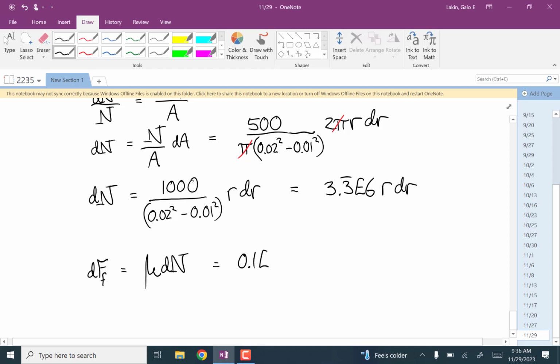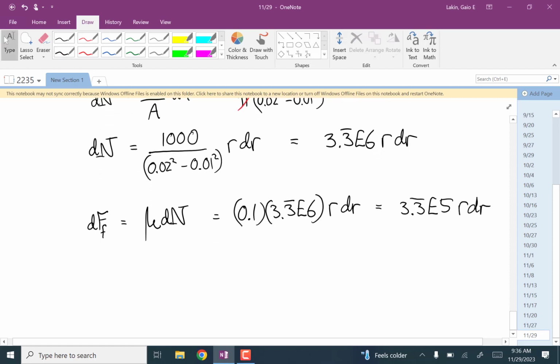So that's 0.1 times 3.3 repeating times 10 to the 6th r dr. So that's 3.3 repeating times 10 to the 5th r dr. And now the infinitesimal couple is just r, little r, times dF.